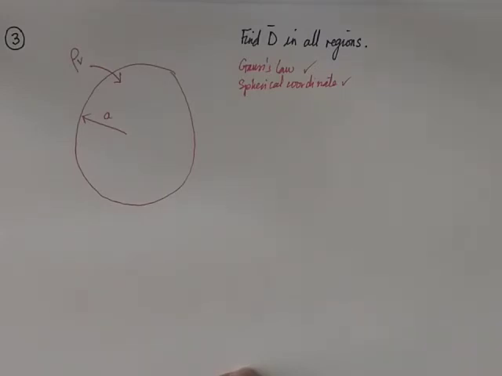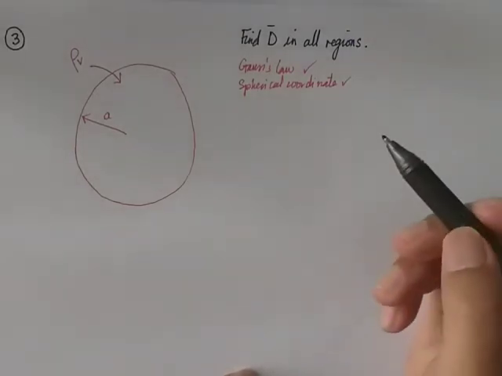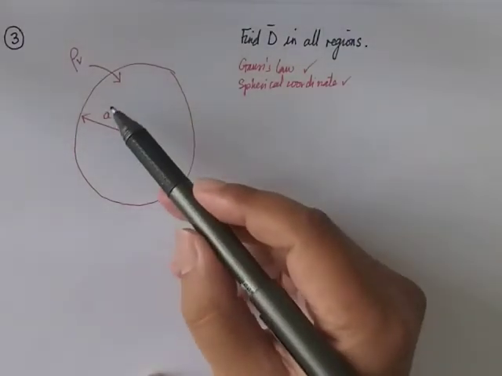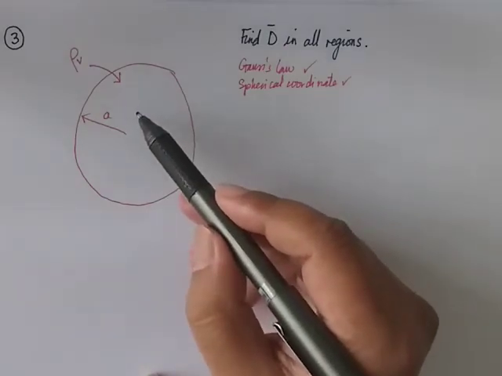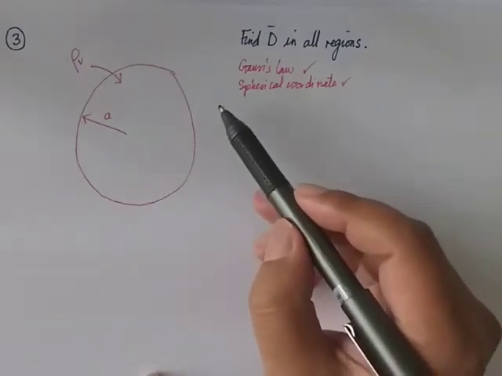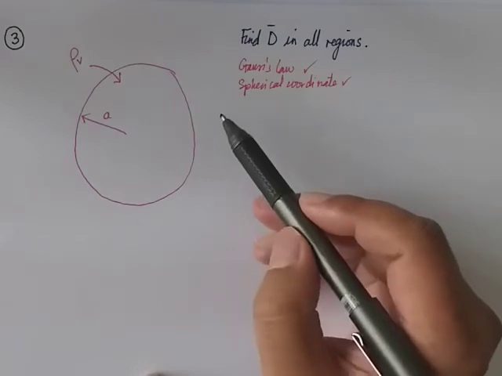Now, I can see there are going to be two distinct regions. What I mean by that is my D will depend on position. The equation of my D inside this structure is going to be different from the D representing the outer position.